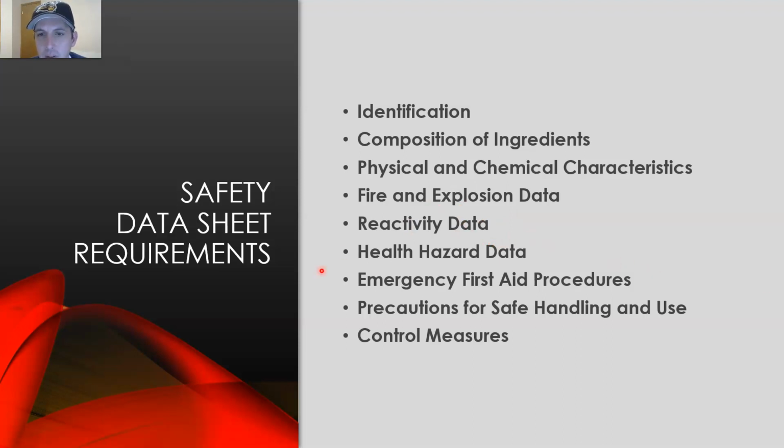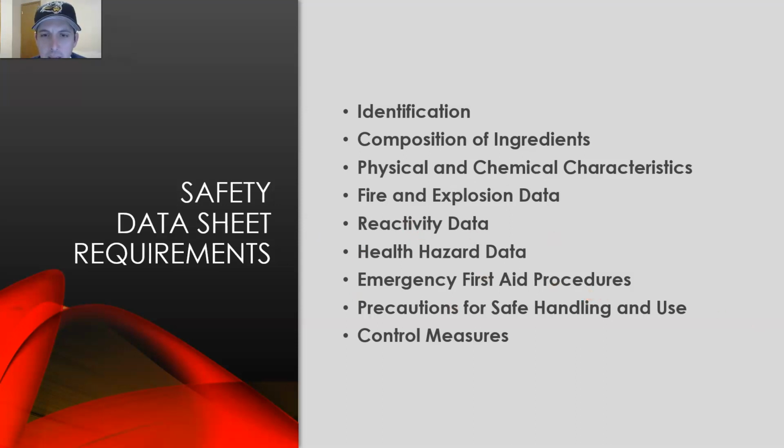And then with the health hazard data, this is going into more depth than was seen before. This includes what the normal routes of entry might be, whether it's through the skin or whether you inhale it. Signs and symptoms of overexposure needs to be included in the health hazard data with that.